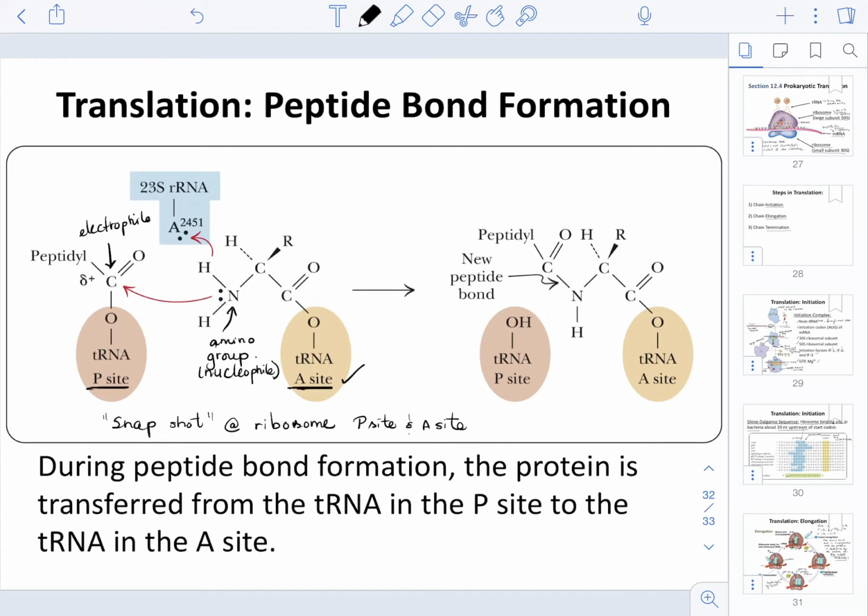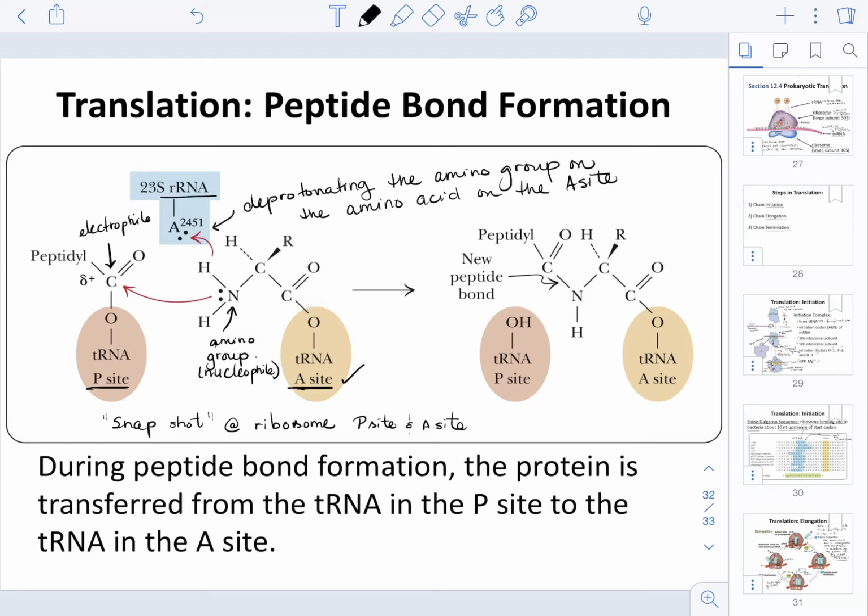As you can see here, we also have the rRNA involved in this process, which is deprotonating the amino group on the amino acid on the A site.